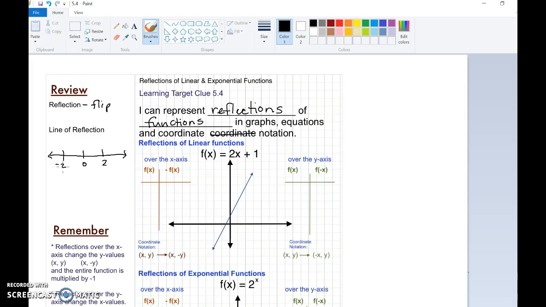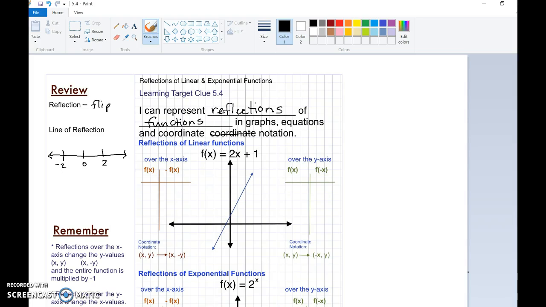So that's a reflection. When we see that 2 is the same distance away from 0 as -2 is, those numbers 2 and -2 are reflections of each other. Okay, so that maybe will help you to understand the idea of reflections, and I think you've probably done some of this before. Let's get started though by talking about linear reflections.